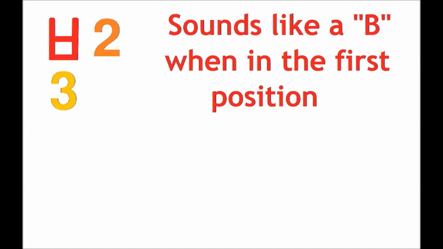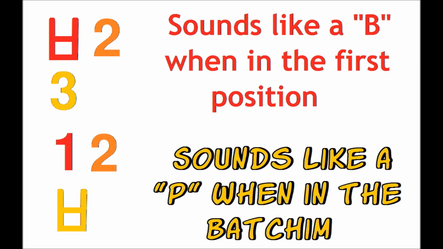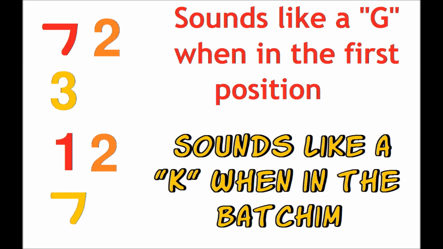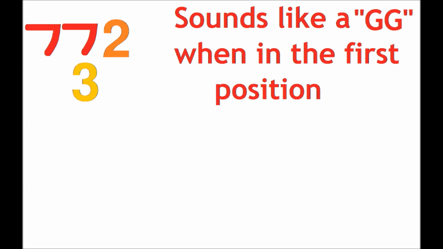Now this character we learned sounds like a B, but when written in the Batchim position, it sounds like a P. This character sounds like a G, but when located in the Batchim position, it sounds like a K. Remember doubles? They usually make the same sound as singles, just with more emphasis.